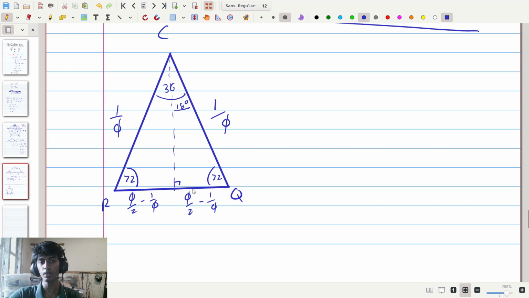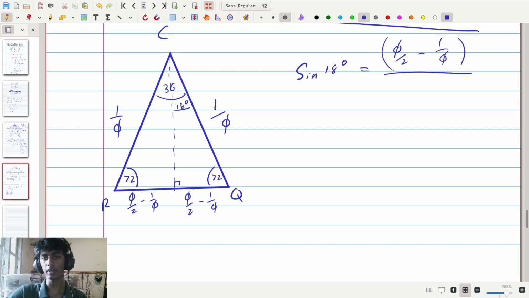So therefore in this triangle, the sine of 18 degrees is equal to the opposite divided by the hypotenuse. Here the opposite is phi on 2 minus 1 on phi, divided by the hypotenuse, which is 1 on phi.